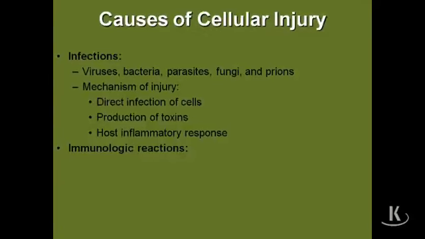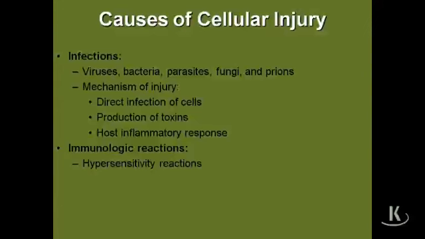Another important category of mechanism of disease they love to ask about are immunologic reactions. One they'll always ask on, no matter what step you're taking for the USMLE, is hypersensitivity reactions. You have to know the difference between 1, 2, 3, and 4. The one that gives students the hardest time is recognizing the difference between hypersensitivity reaction 2 and 3.